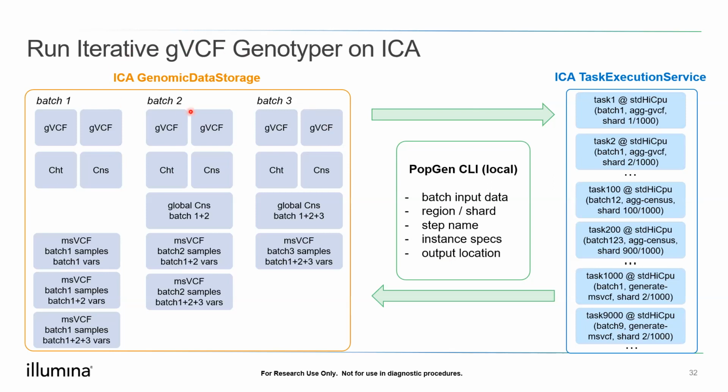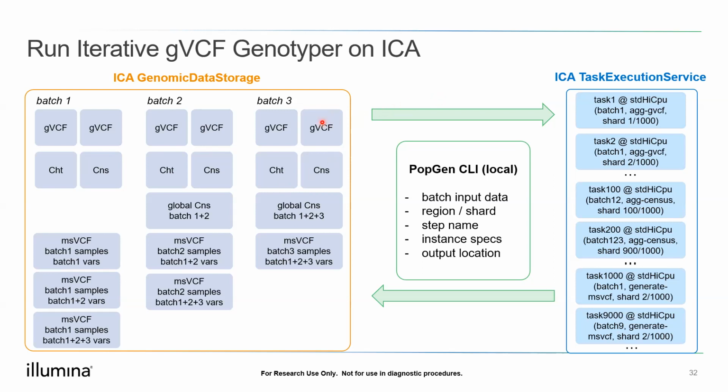In ICA, where you are running DRAGEN analysis to generate your gVCF files, that's where this CLI will access those gVCF files from. It will create the cohort and census files and the related multi-sample files. You can set the batches from the CLI, and then aggregate those as new batches come in.